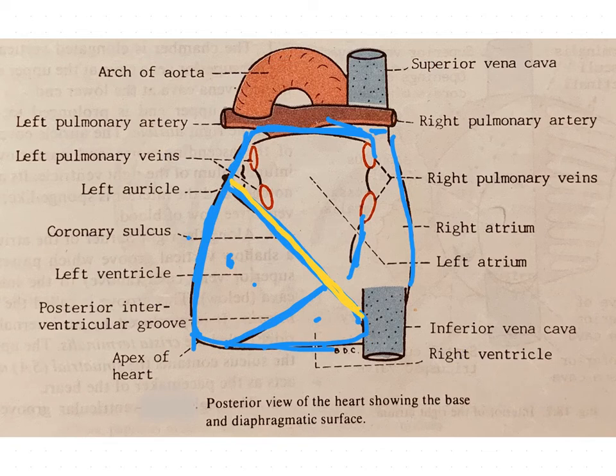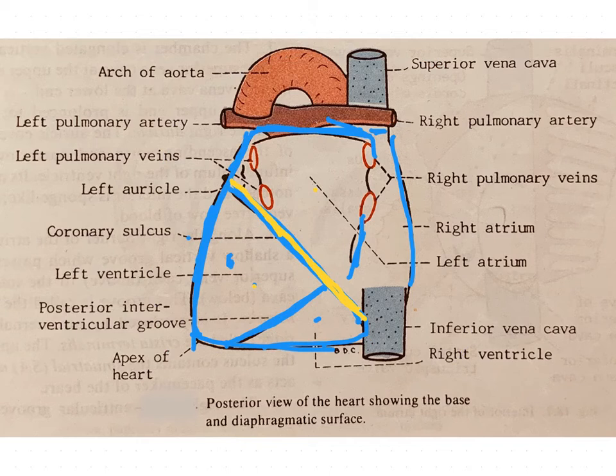This is the coronary sulcus which is separating atria and the ventricles. Okay, and this sulcus is related to the left phrenic nerve, and the left pericardiophrenic vessels, and also the pericardium. Okay, so these are all about the structures seen on the posterior view of the heart, which is showing base and the diaphragmatic surface.